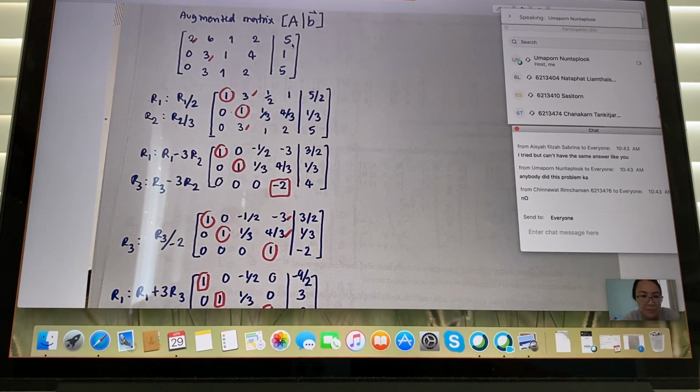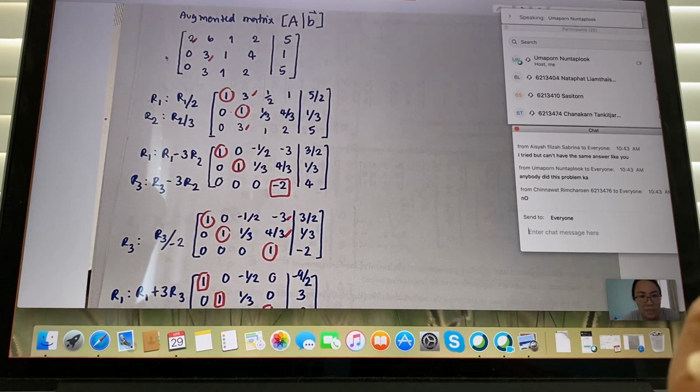You see that? Once you have this number to be leading one, follow the rule of row echelon form. You need to get the terms below that to be zeros. We have only 2 more rows. So this 0 already, done. Move on to the next row.